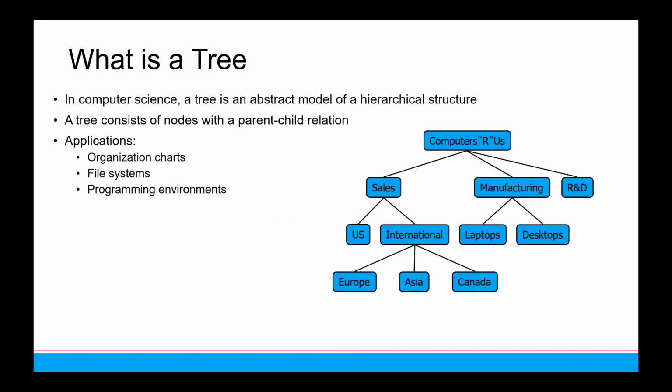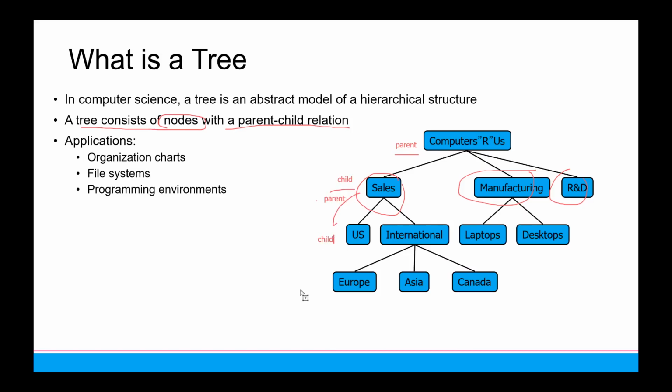In computer science, a tree is an abstract model of a hierarchical structure. A tree consists of nodes, so we call this a node, this a node, this a node, with a parent-child relation. So this is the parent, and this is the child. If this is two levels, this is the parent and this is the child.